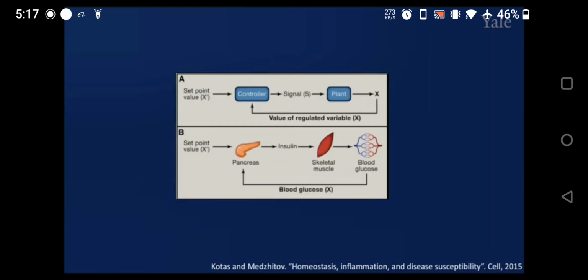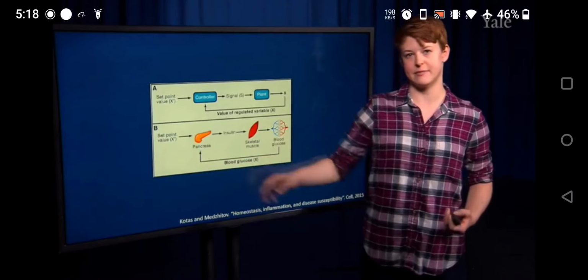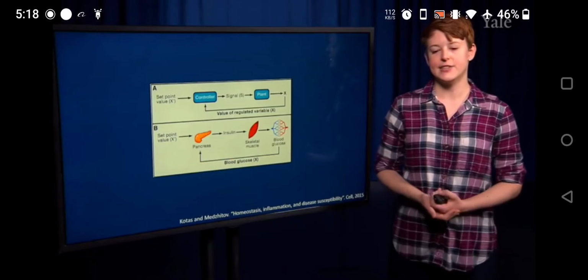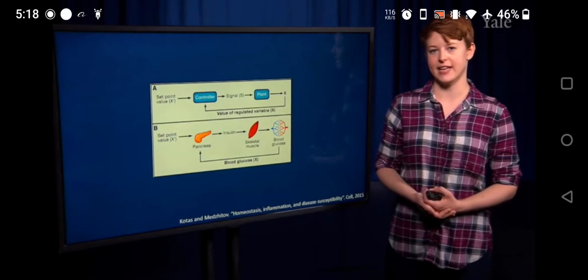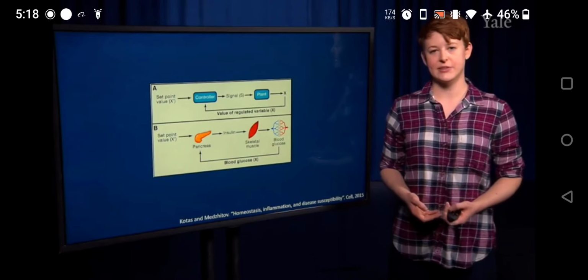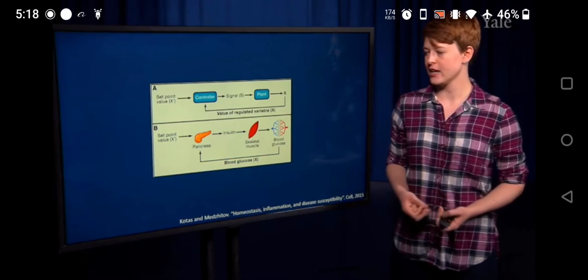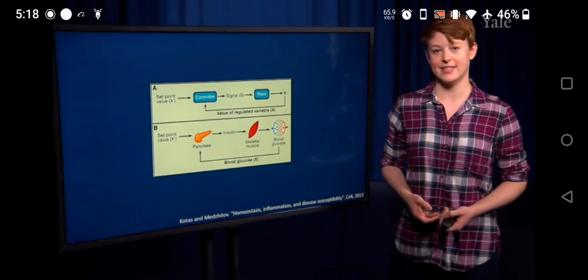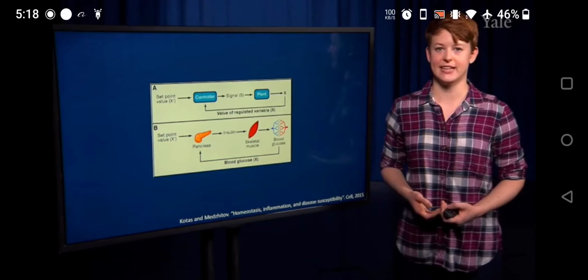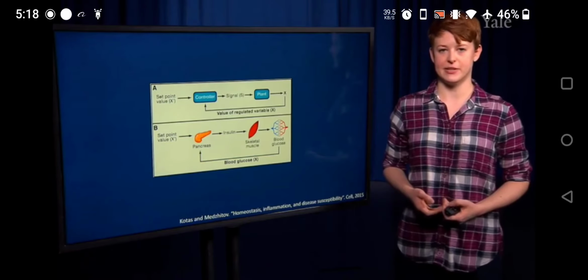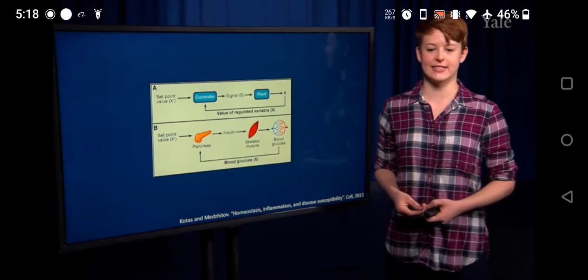And the skeletal muscle can then uptake glucose and use it, and this will reduce the blood glucose level, which again is sensed by the pancreas. So this homeostatic circuit helps explain and visualize what's going on in the body. So an inflammatory response in this context would be the response that is mounted to return that variable back to its set point.